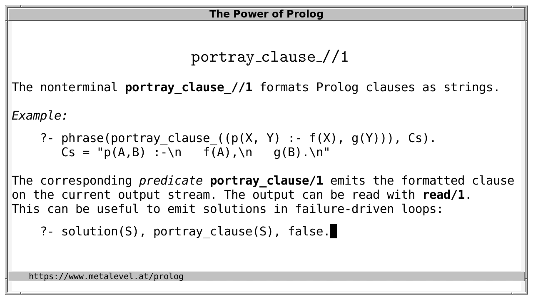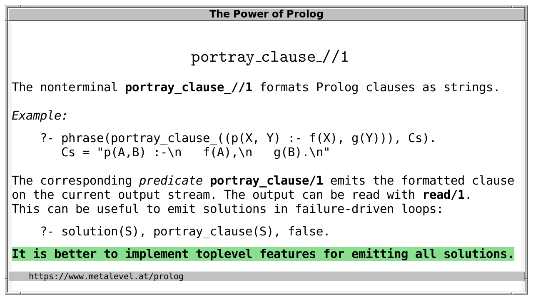And we want to emit all solutions, so we use false to force backtracking. So we sometimes use this pattern, but in general, it would be better to implement top-level features that let us do this more conveniently. And for instance, as mentioned, we can simply press a in Scryer Prolog and other systems and get all solutions nicely formatted as a disjunction.